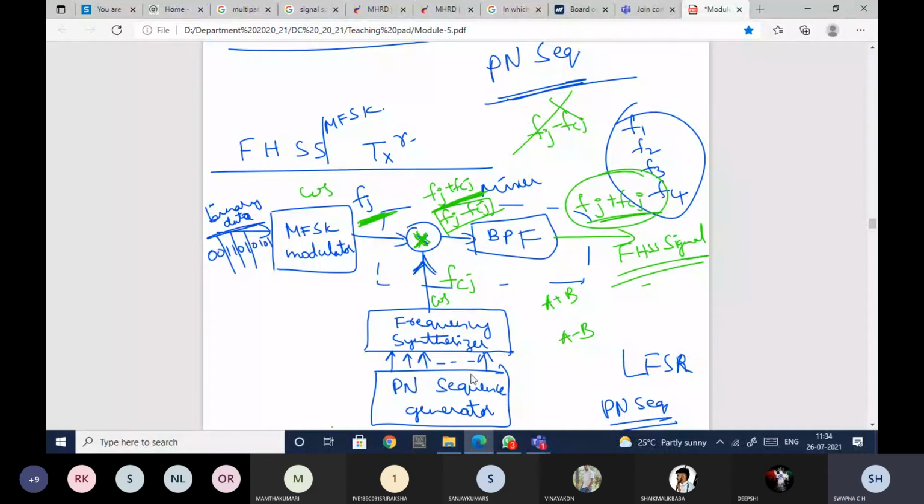So using this PN sequence, again here also we are increasing the bandwidth. So this is all related to the transmitter. Hope you understood the transmitter.